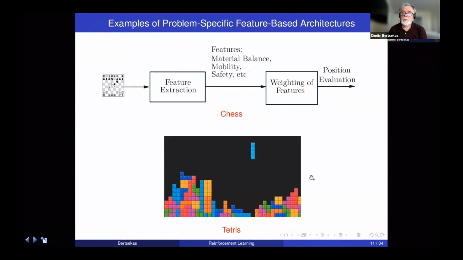I talked a few lectures back about a 22-feature architecture, a linear feature-based architecture, with features that involve important characteristics of the state, like the height of the different columns of the wall, the height differences, the maximum height of the wall, the number of holes inside the wall, and a constant feature, altogether 22 features.